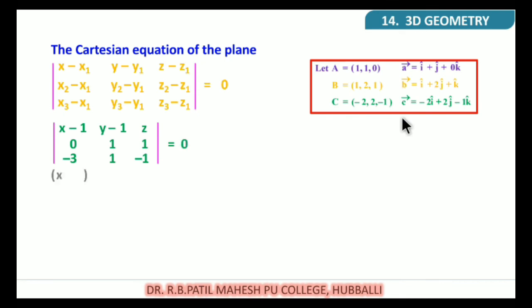Now we can expand this determinant along R1. So x minus 1 can be taken with the corresponding determinant, which is (1 minus 1 is minus 1, minus 1 into 1 is again 1), so minus 1 we can write here.